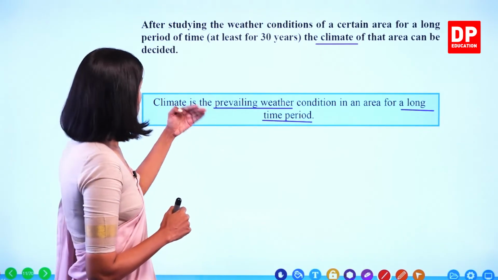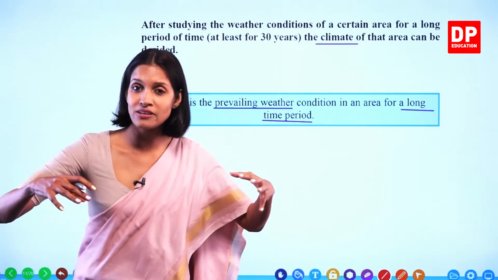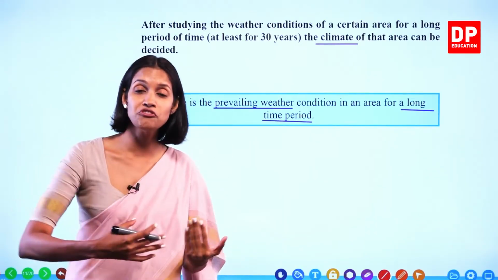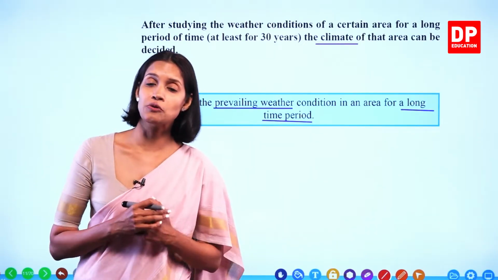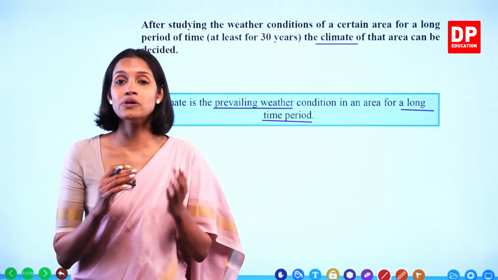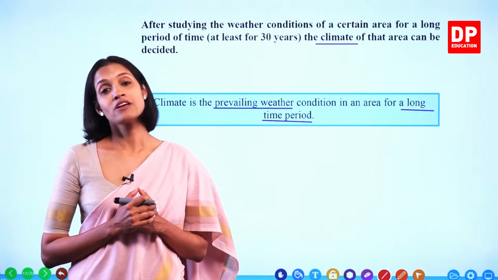Okay? So climate means after studying a certain area, the changes between rainfall and temperature and all, for a long period of time, we can come to a conclusion about what the climate would be like. Right, children?